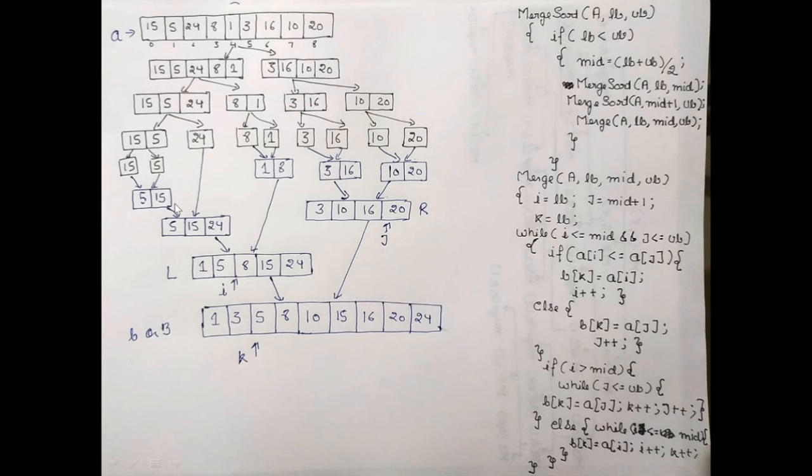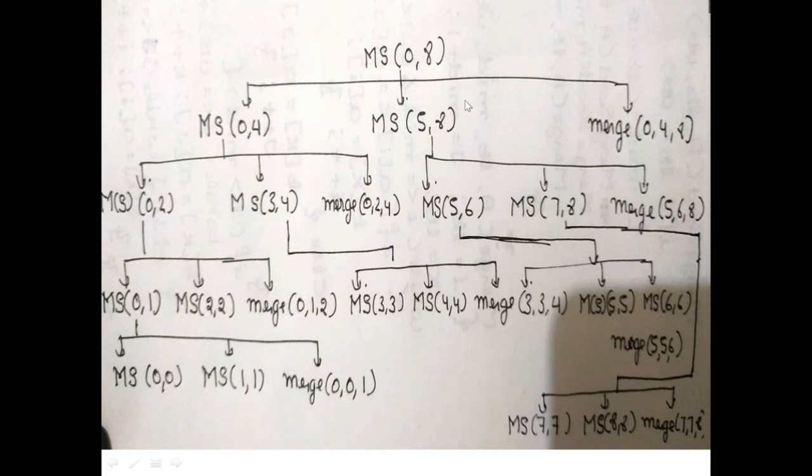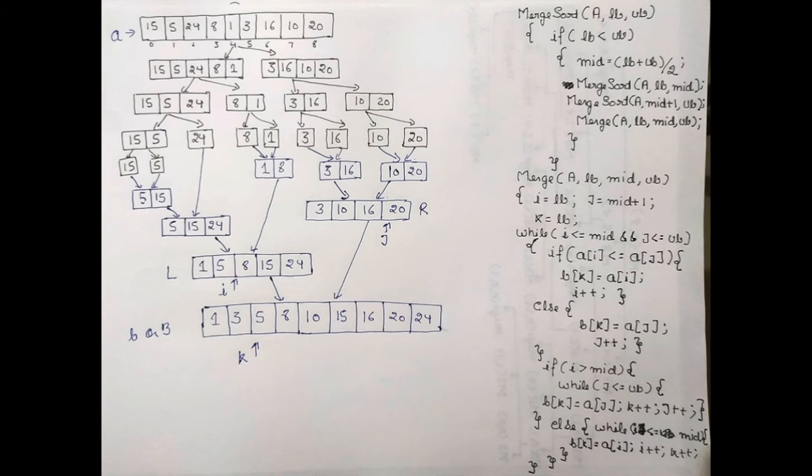So first this will merge, then this and this will merge, then this and this will merge. And now we'll start from here. Now second merge sort recursive call has been made. So again, we'll follow the same procedure. I'm not going to repeat that again because we're just wasting our time by repeating that.